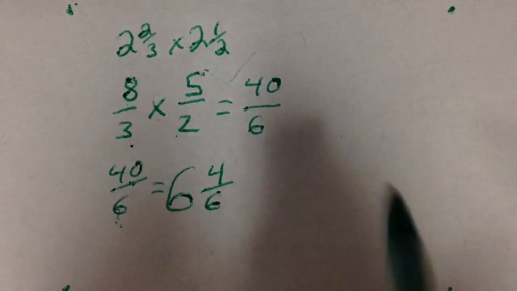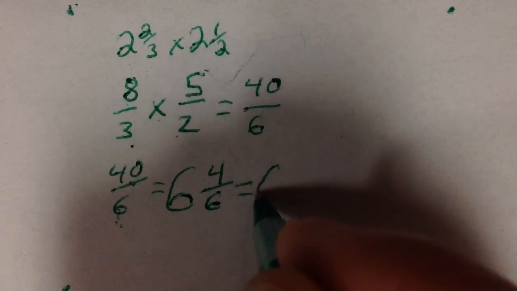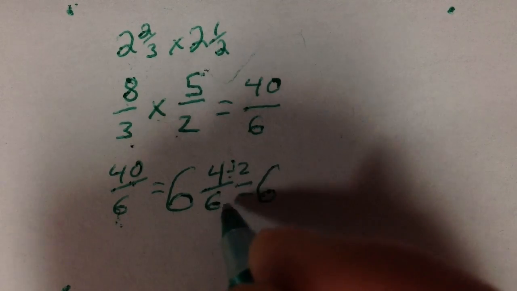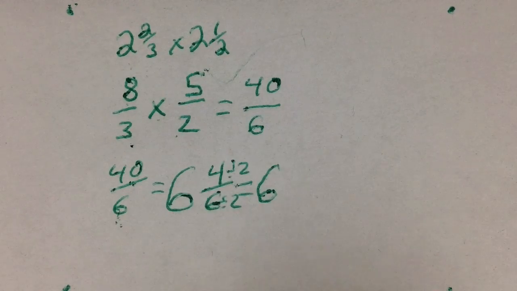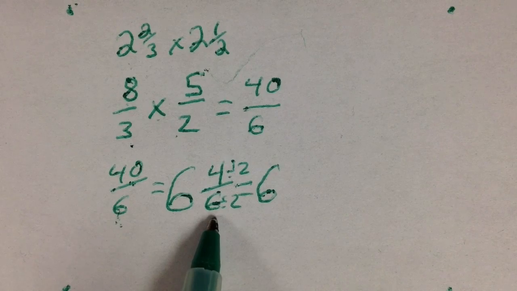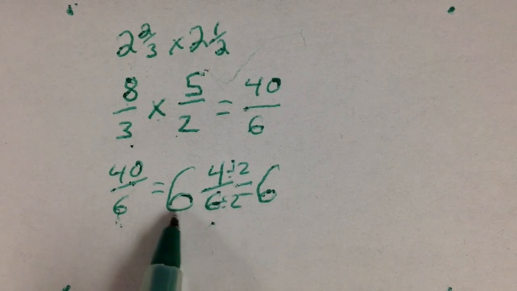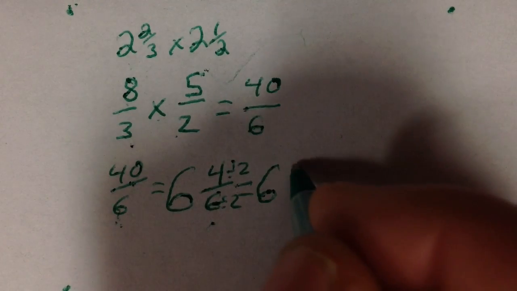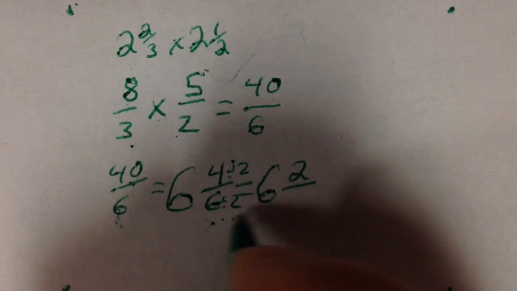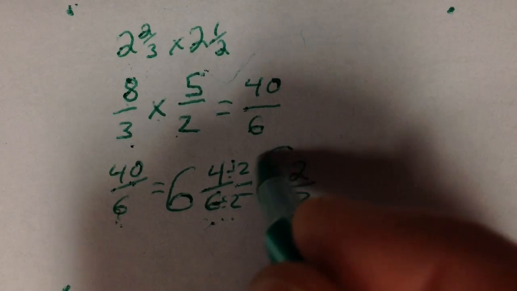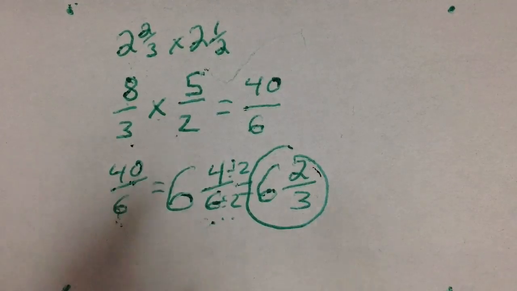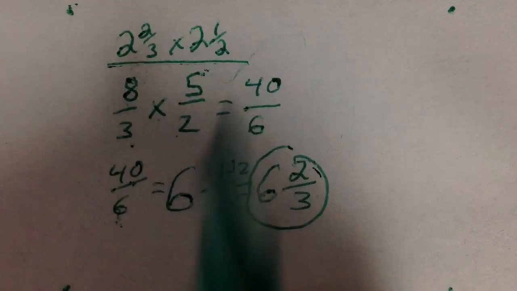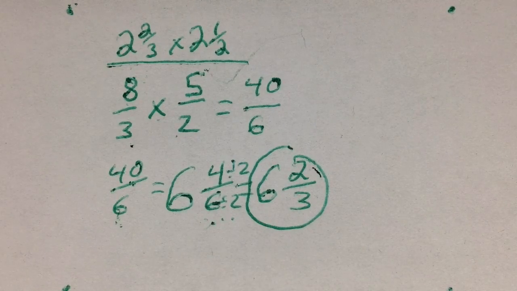6 and 4/6 can be further simplified by dividing 4 by 2 and 6 by 2 in order to find the simplest equivalent to 6 and 4/6. So 4 divided by 2 is 2, and 6 divided by 2 is 3. 6 and 2/3 is the product of 2 2/3 times 2 1/2.